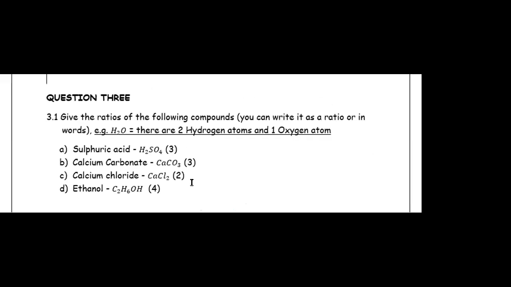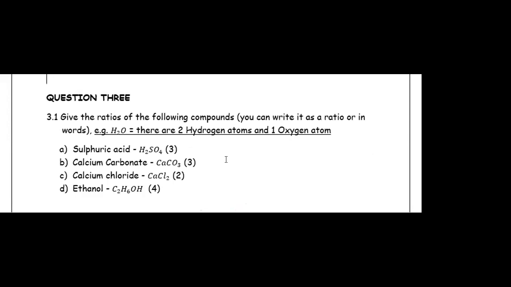The next thing we're doing is question 3. It says give the ratios of the following compounds. You can write it as a ratio or in words. I'm going to give you a chemical formula. Remember that every single thing on earth, every mixture, every compound, every element has a chemical formula.